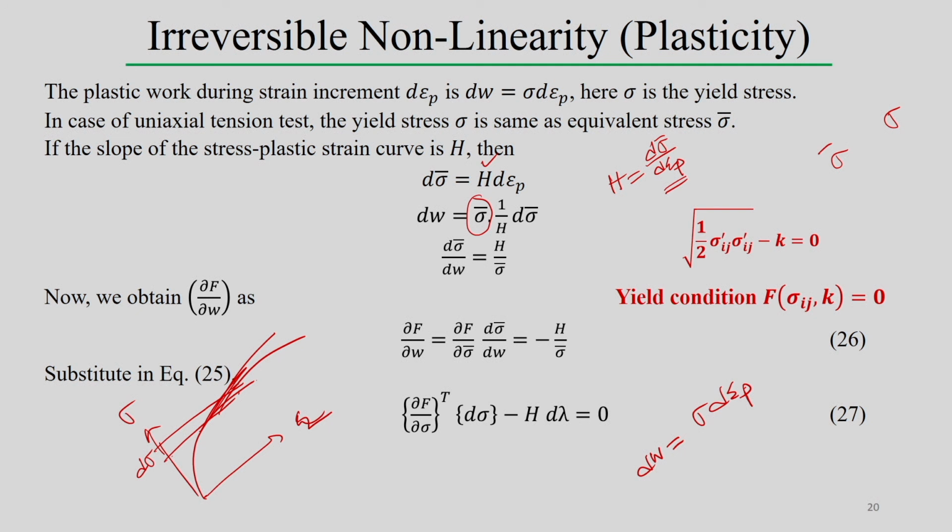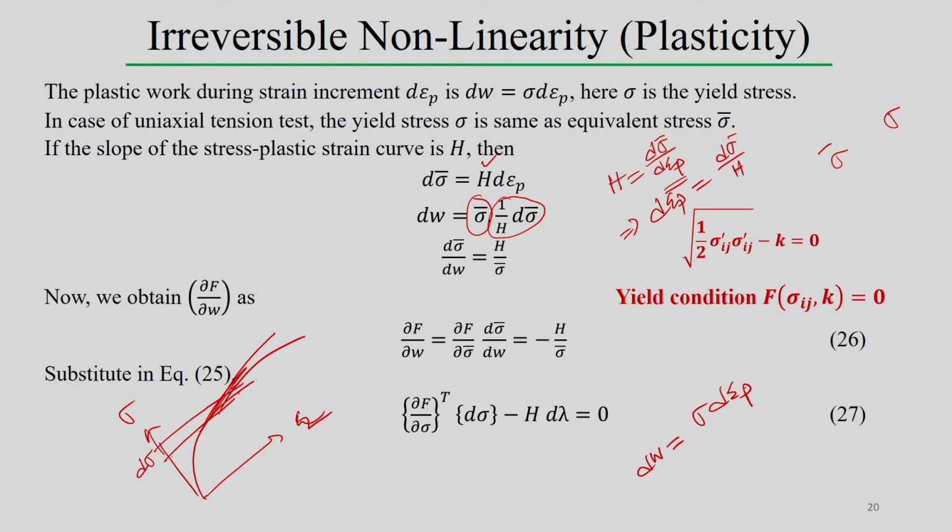We have used this relation because dW was sigma bar into d epsilon p. So, from here we can see d epsilon p equals d sigma bar by H. If we put d sigma bar by H, then we get sigma bar into d epsilon p, which we have already seen: dW equals sigma bar into d epsilon p.